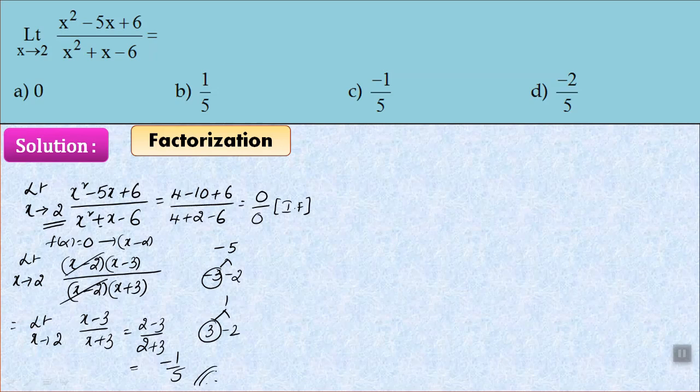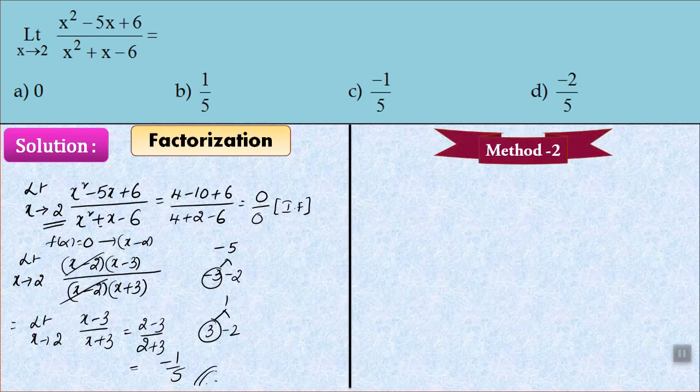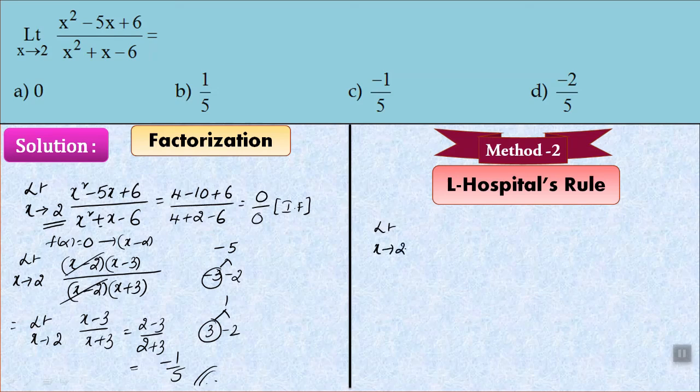Dear students, the simplest method for this question is applying the L'Hospital's rule. That is limit x tends to 2. Here we differentiate with respect to x, numerator and denominator.